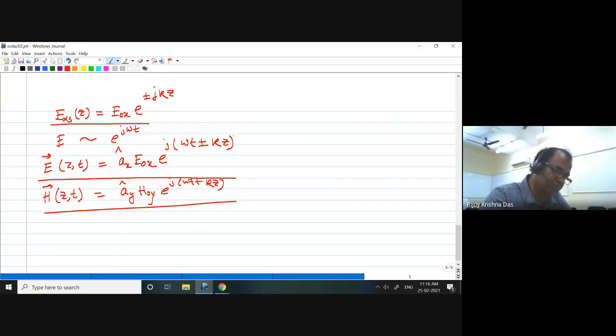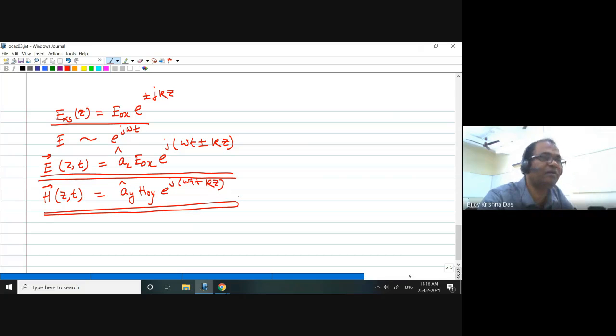So this is for the electric field and this is the magnetic field solution. For this special assumption, in this type of situation, the electromagnetic field will have an electric field like this and a magnetic field like this.